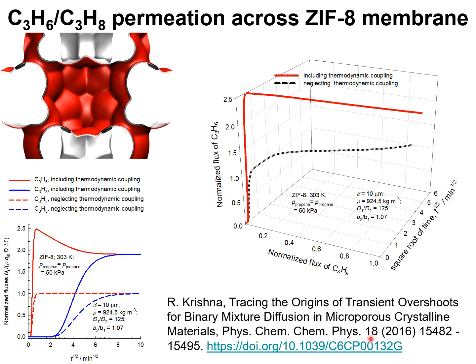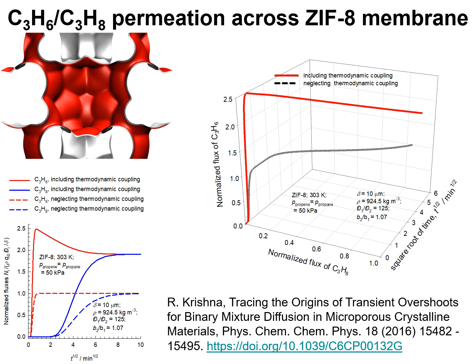The details are available in my 2016 publication in the Physical Chemistry Chemical Physics journal. There is no direct experimental evidence of these overshoots, but experiments, if conducted, will confirm these transient overshoots.